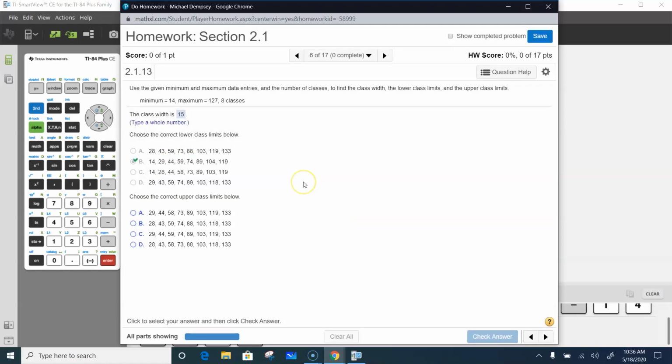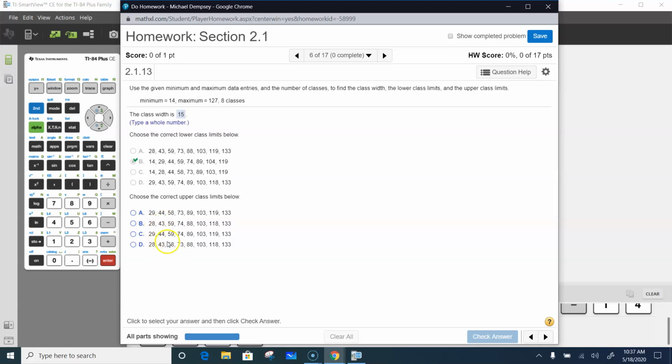Next one is now asking for the upper class limits. So what are they going to be? Well, if 14 is my lower class limit, the upper class limit for that group is going to be 28. Okay, and really to make life easier for yourself, once you get the first number, just keep adding 15 to them. So if I take 28 plus 15, that puts me at 43.